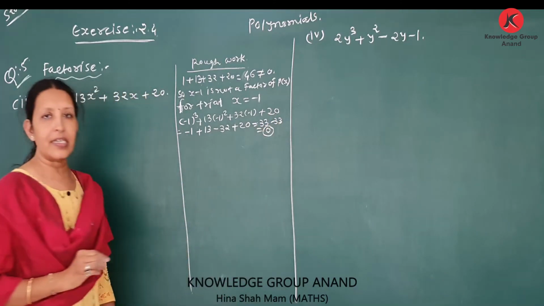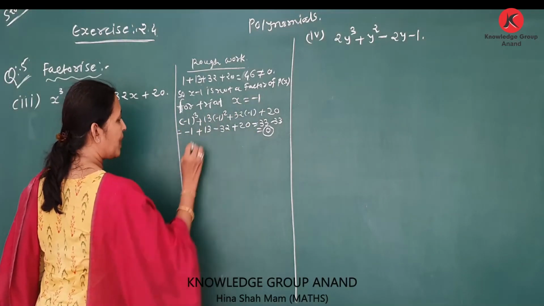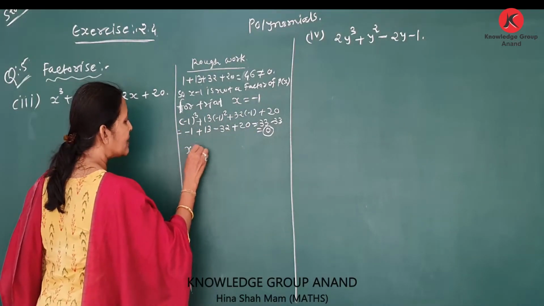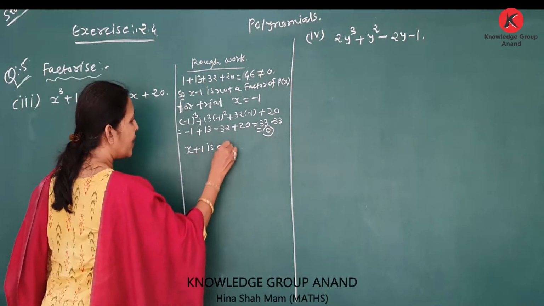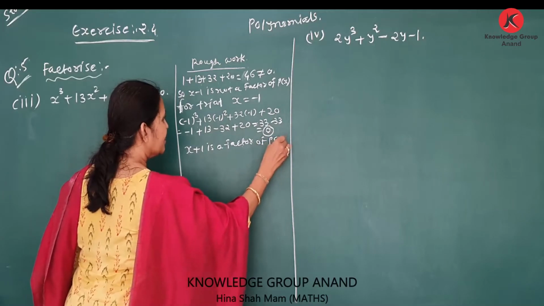Here our answer is 0. Therefore, which is our factor? x is equal to minus 1. Therefore, x plus 1 is a factor of P(x).